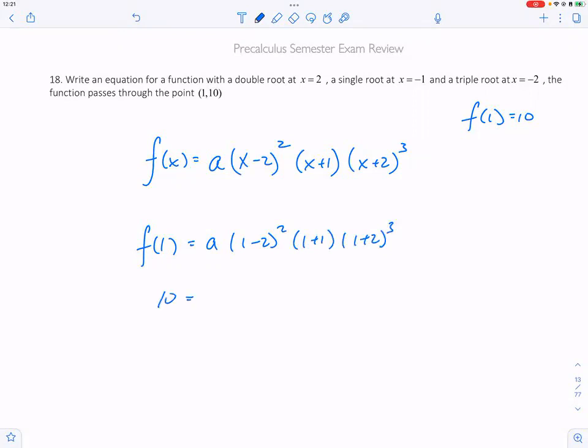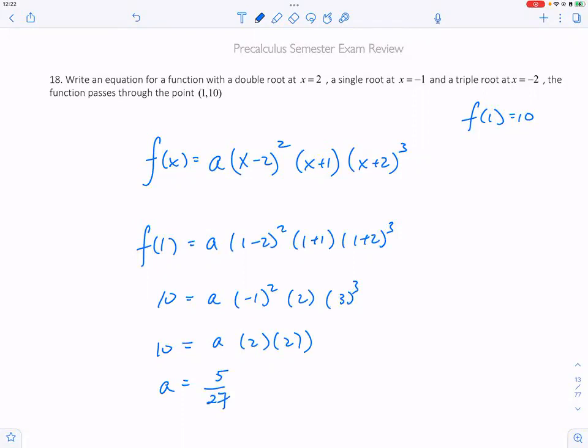And f of 1 is equal to 10. So a is equal to (-1) squared times 2 times 3 cubed. So a times 1, and then 2, and then 27. This is 10. So a is equal to 5 over 27.